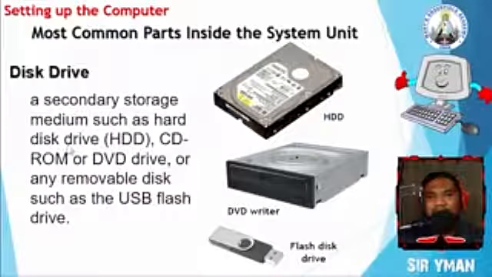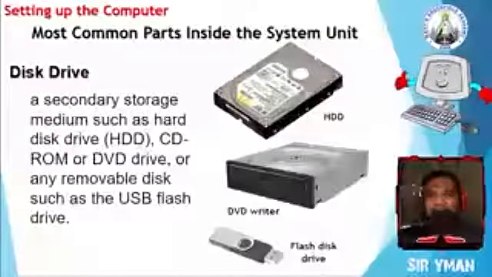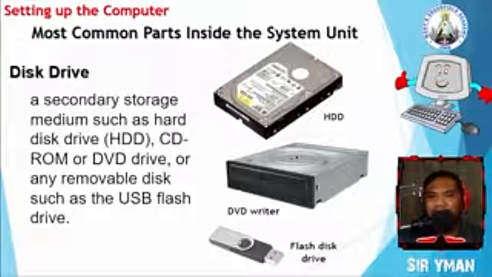So this drive, ito yung tinatawag na secondary storage. Kanina kasi, sa usual parts inside the system unit, I told you that meron tayong tinatawag na RAM, random access memory. That is the main memory or the primary memory of our computer.